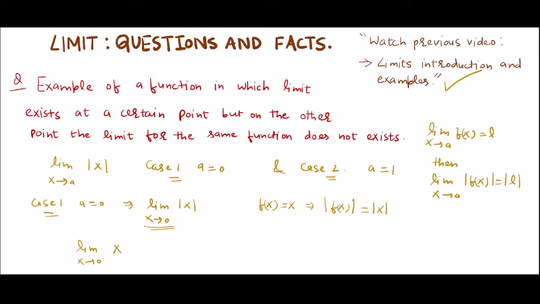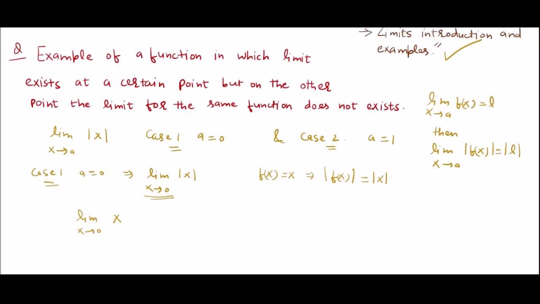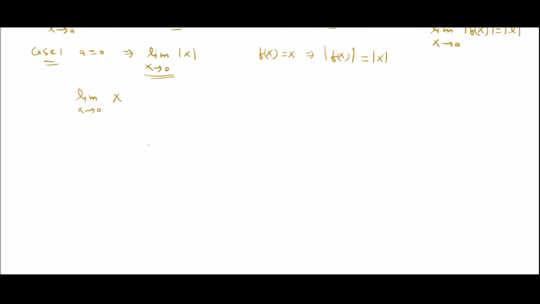Okay, so we will have the left hand limit and the right hand limit. So we will get the limit as h tends to 0 of f(0 minus h), because x is 0 here, and the limit as h tends to 0 of f(0 plus h).